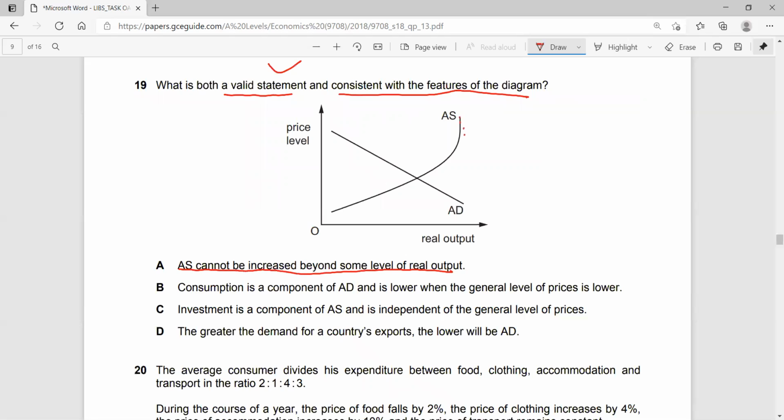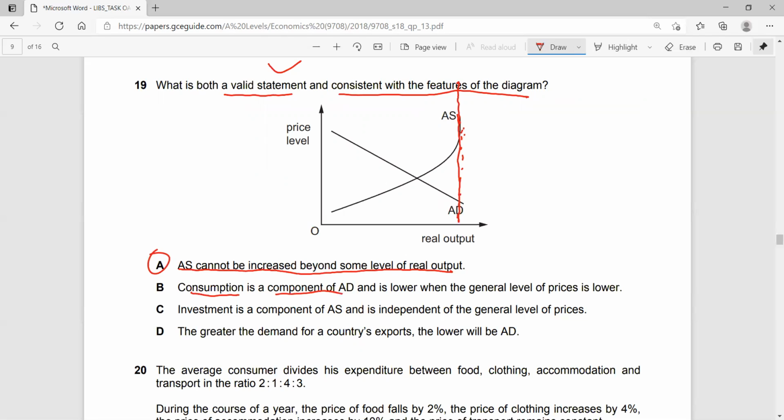And this is that level, which the diagram also shows. Because at this point, the curve is going to go up and up and up. So no matter how much you keep increasing aggregate demand, the output would just be capped or maxed out at this point. And thus, it is in line with the diagram. The diagram does show that.